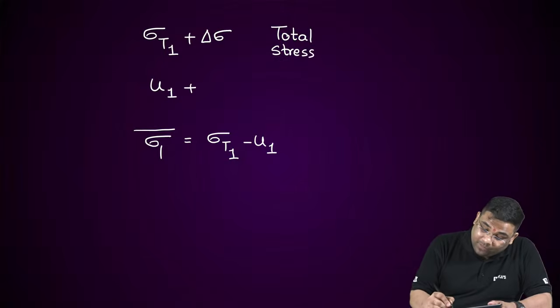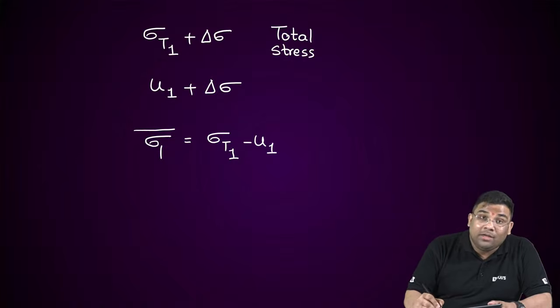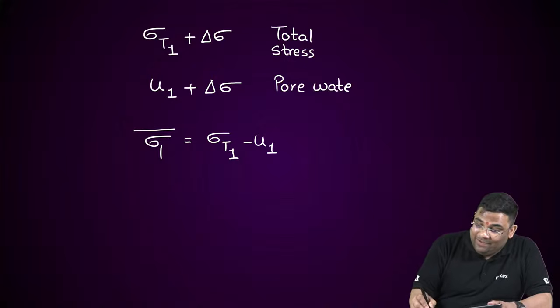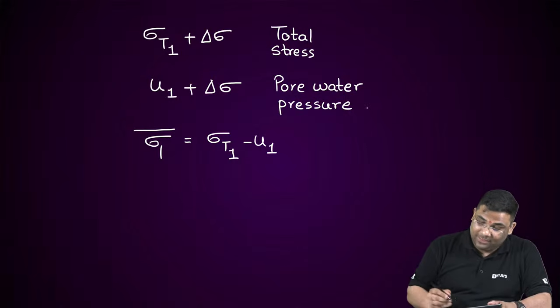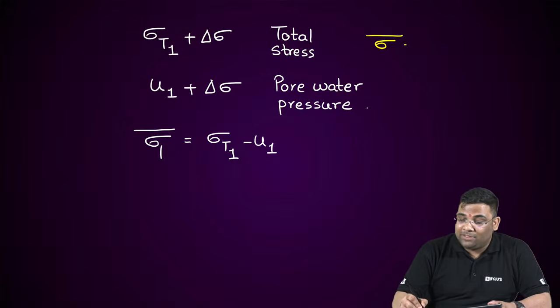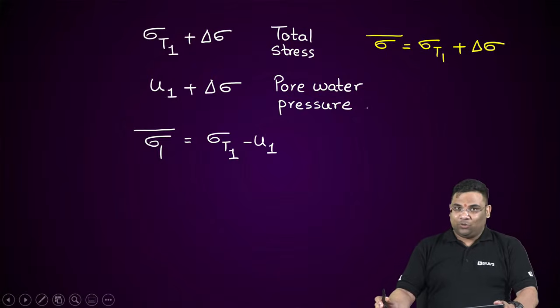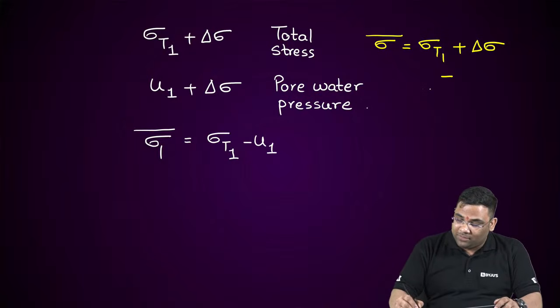And pore water pressure also increased, and this became the new what? Pore water pressure, right? But if you find out the effective stress, what will happen? The effective stress will be total stress, that is sigma T1 plus delta sigma, minus the pore water pressure. Pore water pressure is how much?